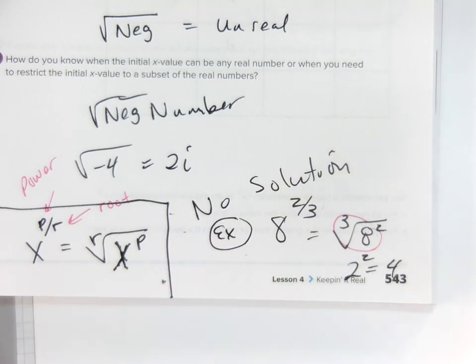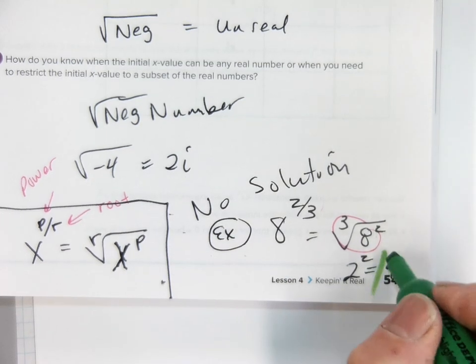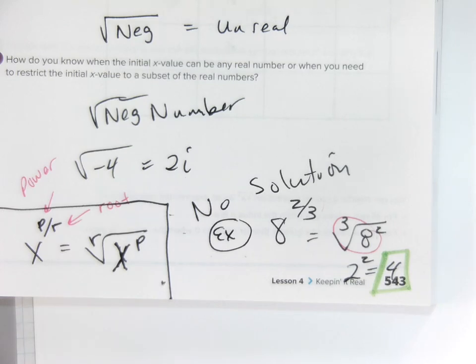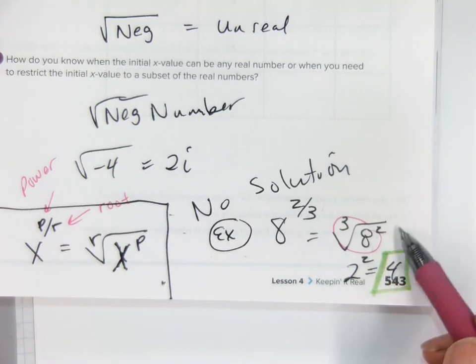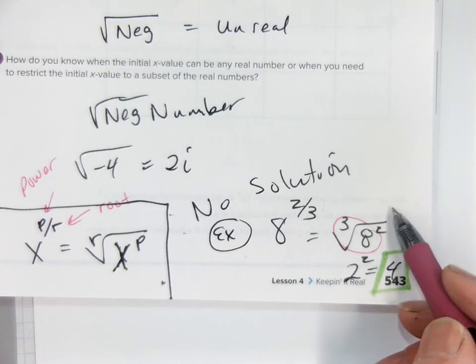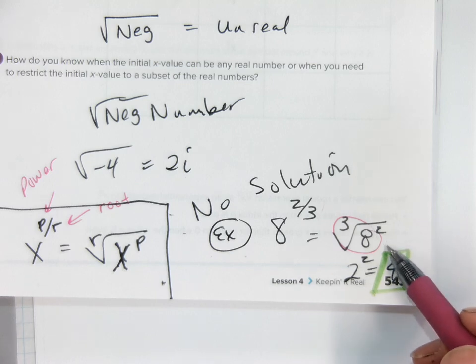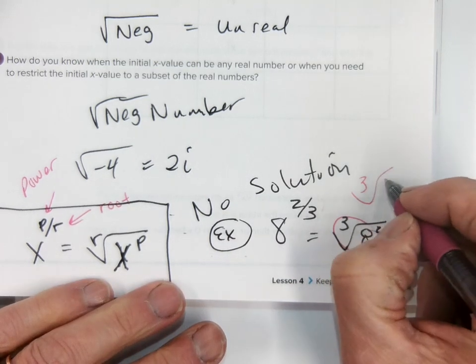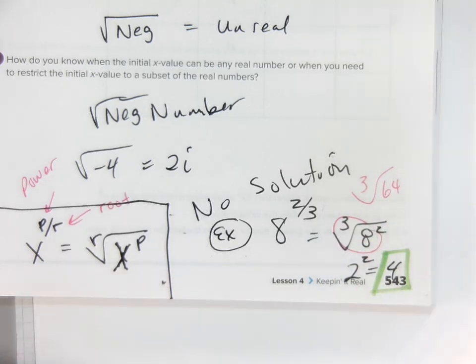Now Reese did it the other way, and it works. Reese said, I used PEMDAS. You could go 8 squared is 64, then the cube root of 64, which is also 4. They're both correct. Very good, Reese. All right, how am I doing? So far, so good?